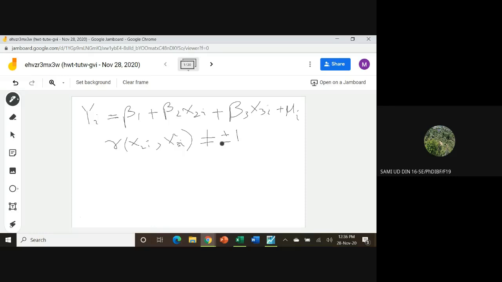सर अगर 0.9 है, जी, अगर 0.9 है तो भी इसको एक्सेप्ट करेंगे.